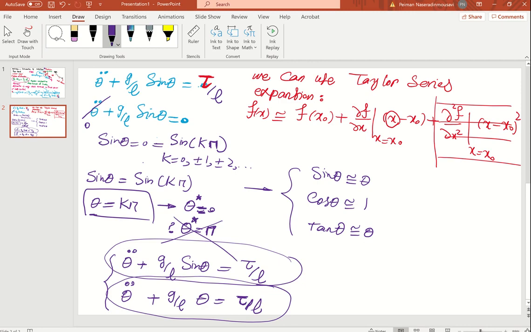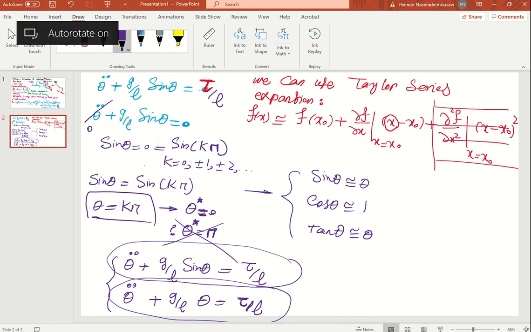That's right. If you don't know, let me for one time teach you that you have to define state variables and the state space equations. So you're going to say theta is m1 and the angular acceleration is m2.